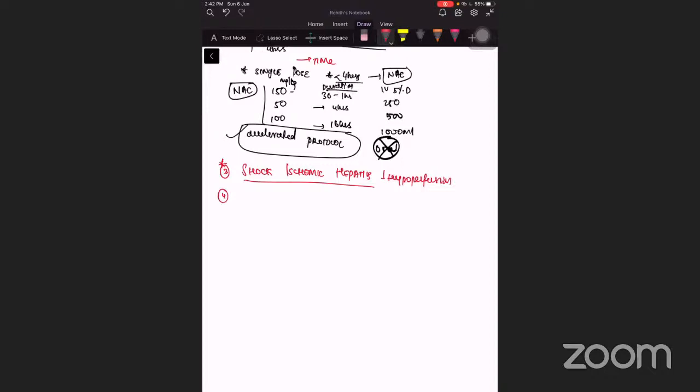There are 3 uncommon causes, but if you think of them, you will not miss them. One, I already told you, is acute fulminant Wilson's. One is acute Budd-Chiari syndrome. One is acute biliary obstruction.